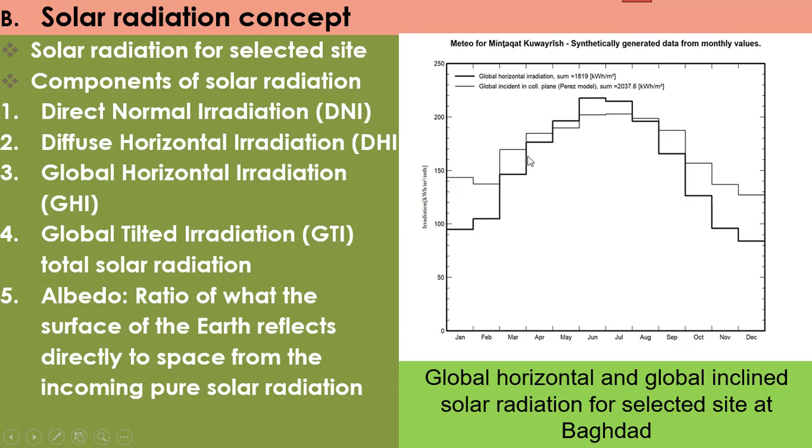This represents the global horizontal radiation, and this is the sum, 1818 kilowatt hour per meter square, and the light lines in the diagram represent the global incident solar radiation on the collector plane.